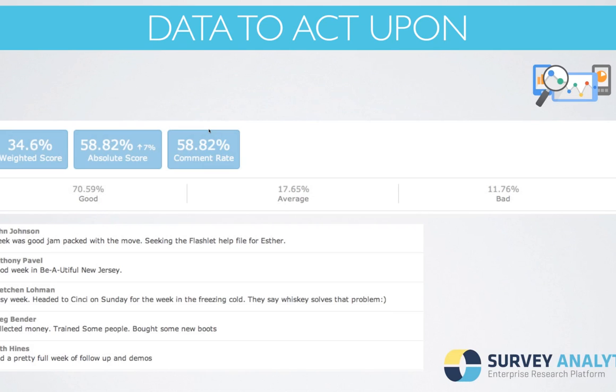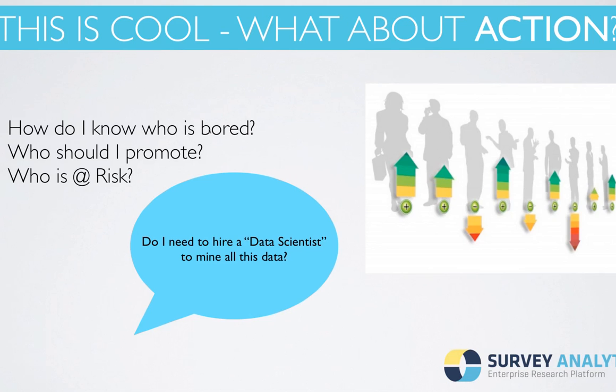So what does this lead to? Interesting stuff that you cannot do when you just run annual surveys. You can do trending. You can figure out if any one of your employees is consistently trending down or trending up. Not only that, you can also figure out if a group of employees reporting to a particular individual is.